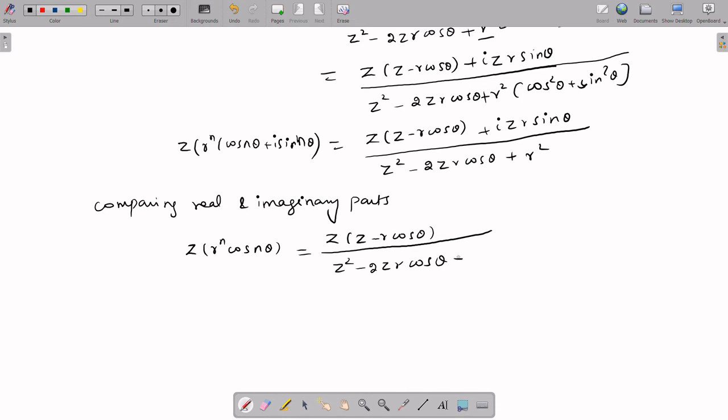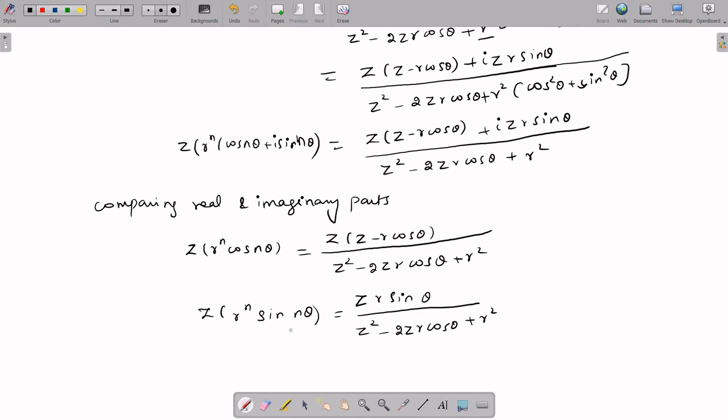In the same way, comparing imaginary parts, the Z transform of r power n sin n theta is equal to z r sin theta divided by z squared minus 2zr cos theta plus r squared. These are the Z transforms of r power n cos n theta and r power n sin n theta.